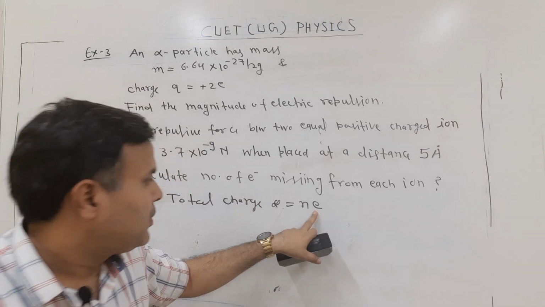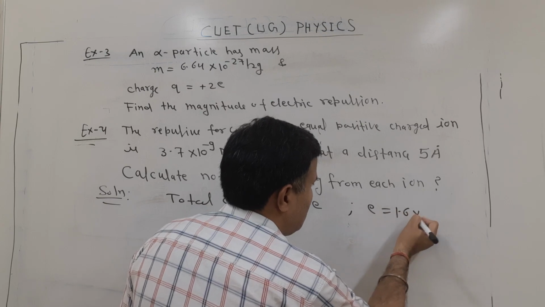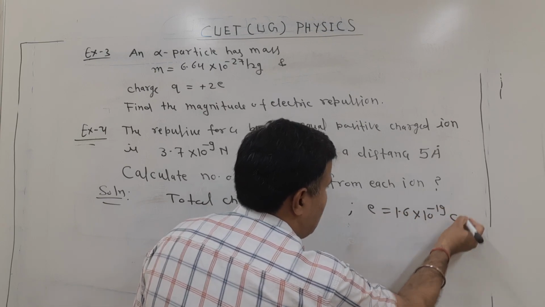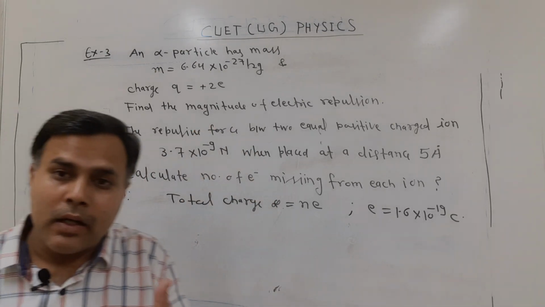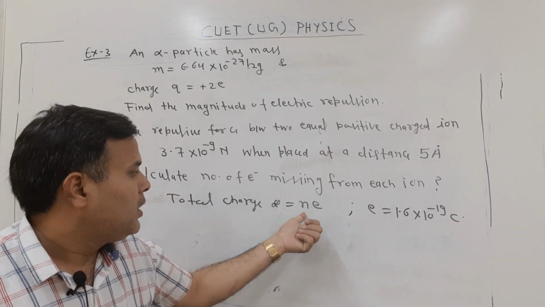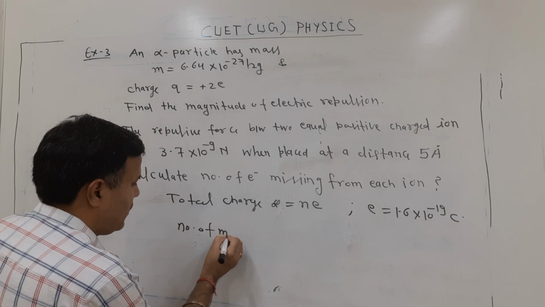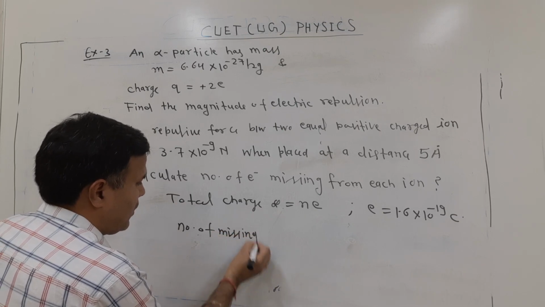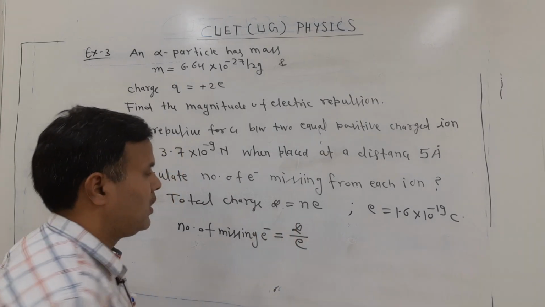The value of E is 1.6 into 10 to the power minus 19 Coulomb. Once we know the charge we can easily find the number of electrons. So the number of missing electrons is equal to charge by E.